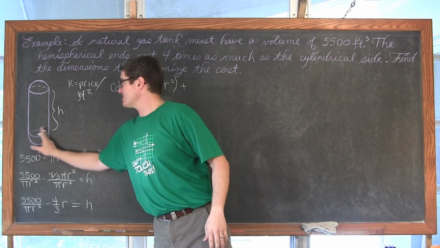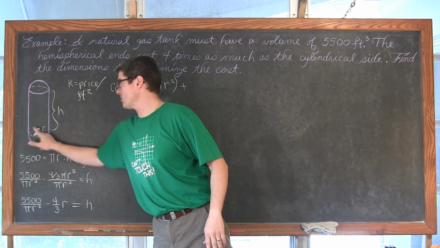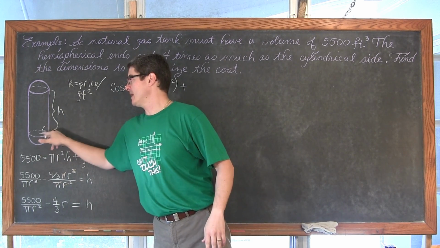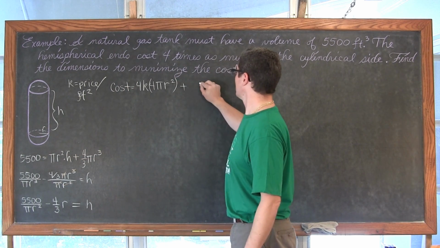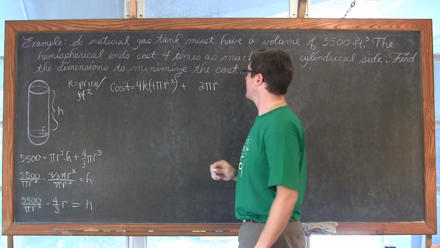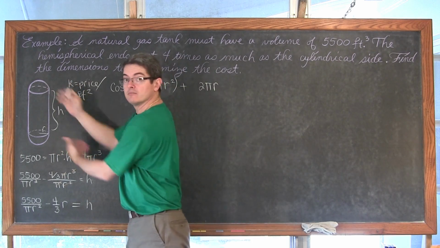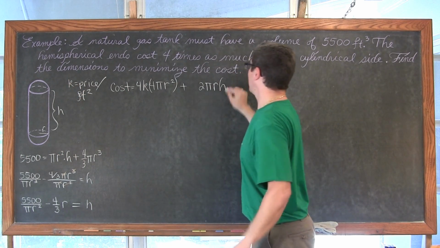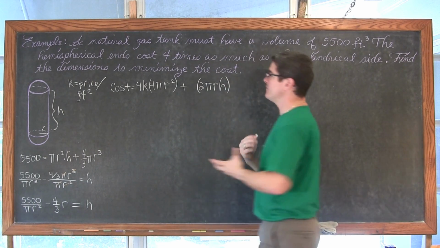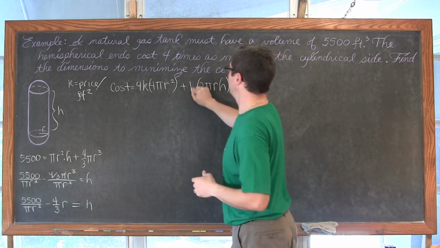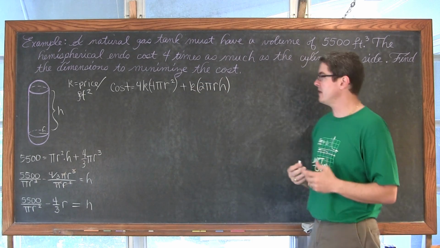That sheet of metal is having to wrap around the tank. In other words, its length is the same distance as the circumference of that circle. So we're looking at 2 pi r, and then the height, right? Now how much is that number of square feet of material costing? I don't know, but it's going to be that constant of K.